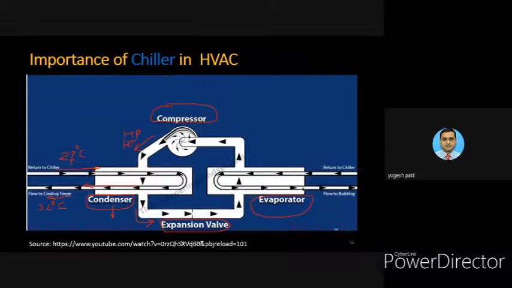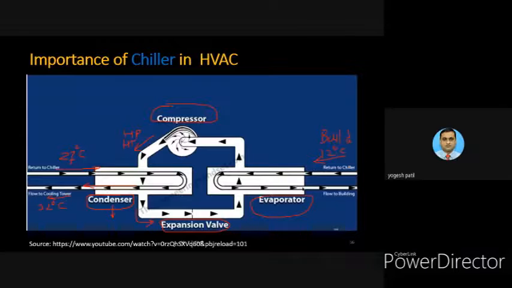And here what happens? The return to the chiller, this particular supply of chilled water, is coming from the building. That temperature may be around 12 degrees Celsius. This is a higher temperature, not very high we can say, but it is actually the exhausted temperature from the building areas, from the air handling unit.